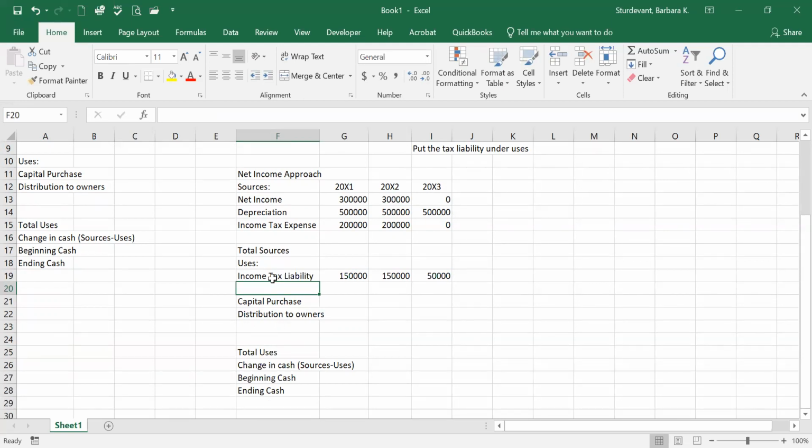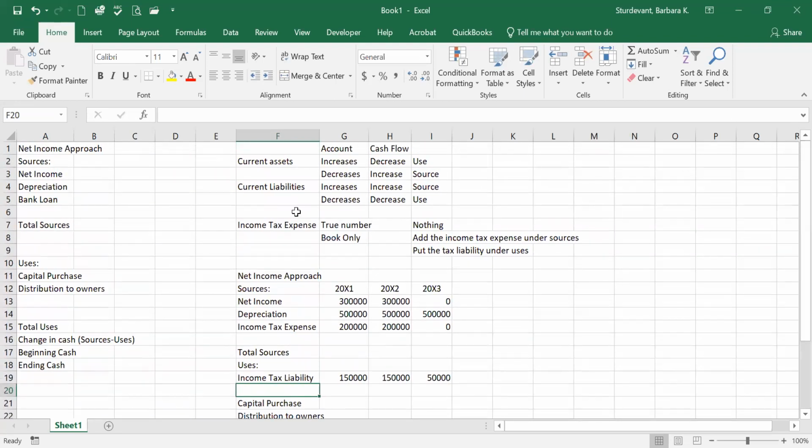Is that a source or a use? Does it increase or decrease cash flow? Decrease. Okay, so look up here. Remember up here, because people aren't paying us. An increase in a current asset is going to be a decrease, so it would be a use.